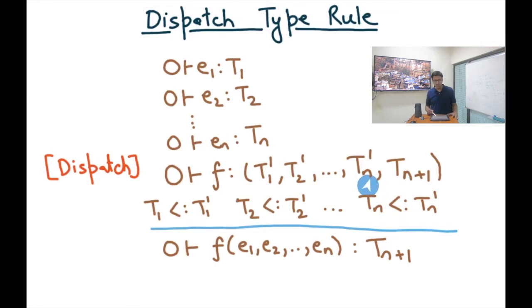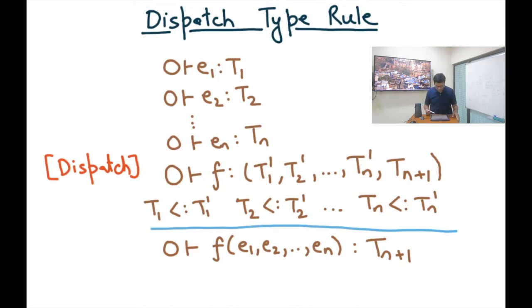Notice that Tn is primed, but Tn plus 1 is not primed. And it is true that T1 is a subtype of T1 prime, T2 is a subtype of T2 prime, and so on till Tn is a subtype of Tn prime. Then I can say that the dispatch f of e1, e2, en is of type Tn plus 1.